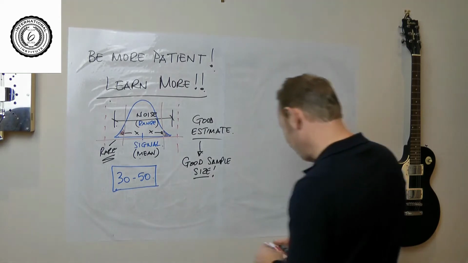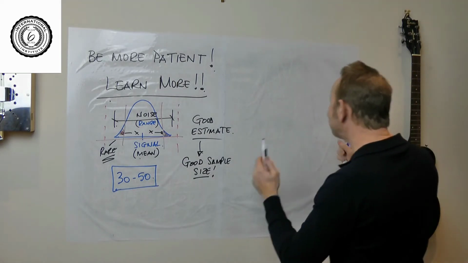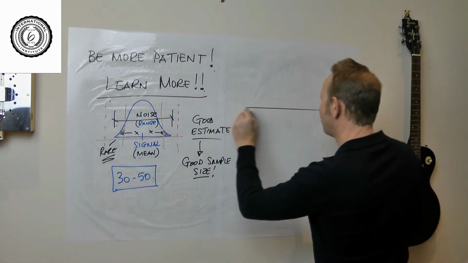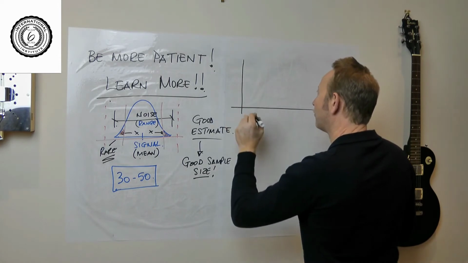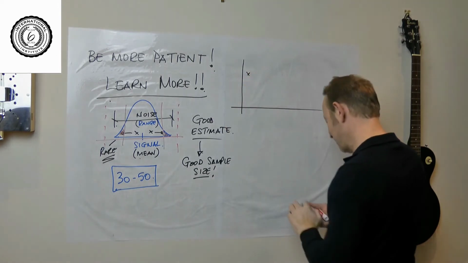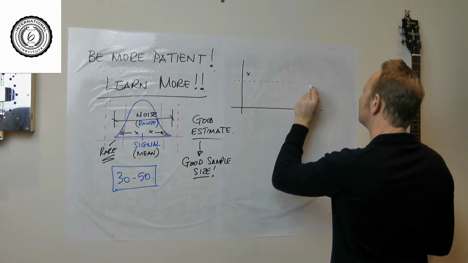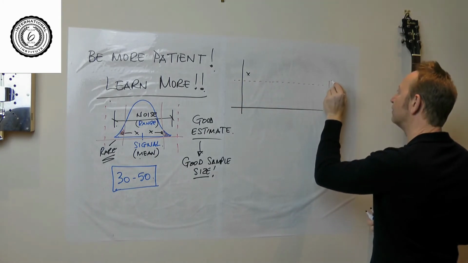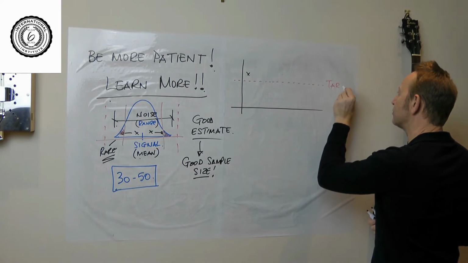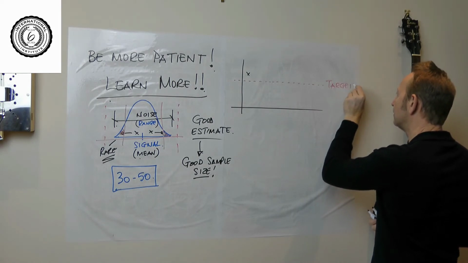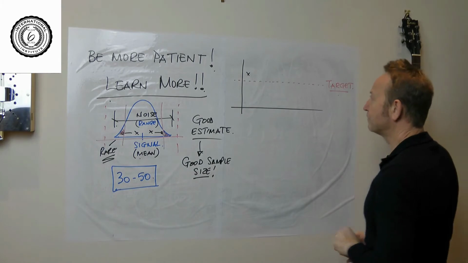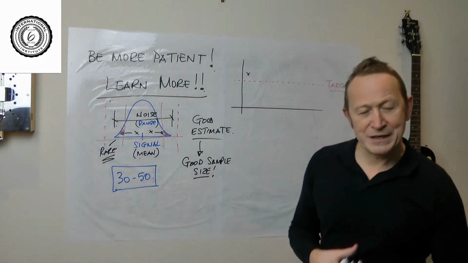So let me talk about what we're practically on about. It's the idea of your operator taking data. Let's put a center line in, which is the target that I want to hit. Be more patient.